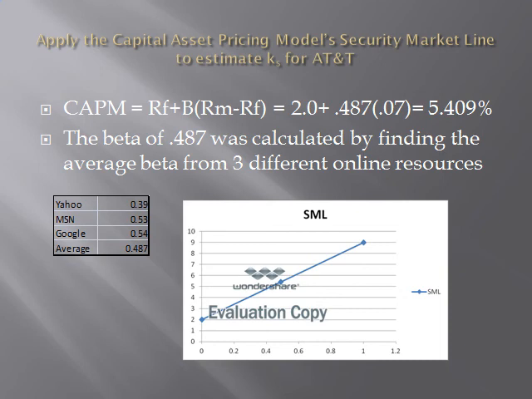The beta of 0.487 was the average of the three different online sources.